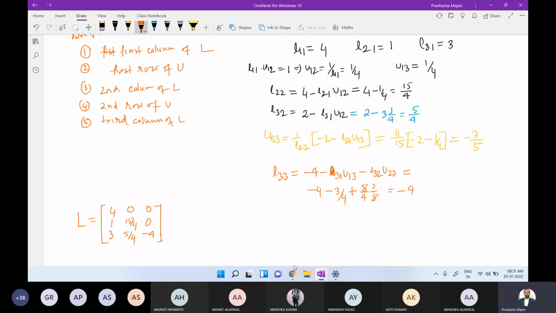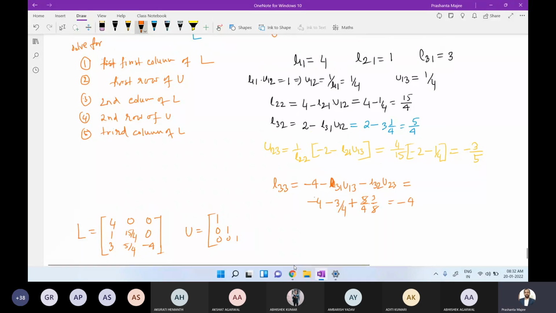What is the U matrix? 1, 0, 0, then U12, which is 1 by 4, 1, 0, then U13, 1 by 4, and U23, minus 3 by 5, and 1. So that is the matrix U.